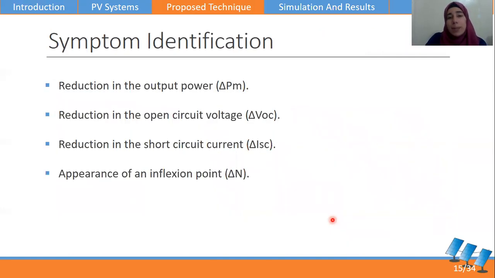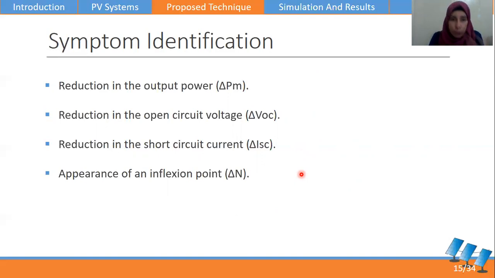After these observations, we can identify the symptoms for analysis: reduction in the output power, reduction in the open circuit voltage, reduction in the short circuit current, and appearance of an inflection. These symptoms will be calculated from the simulated IV curve and measured in real time.